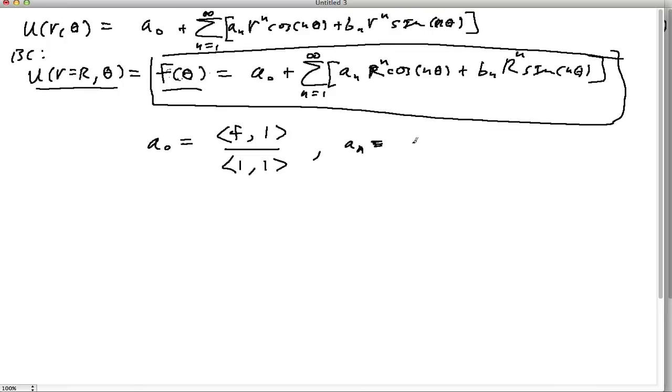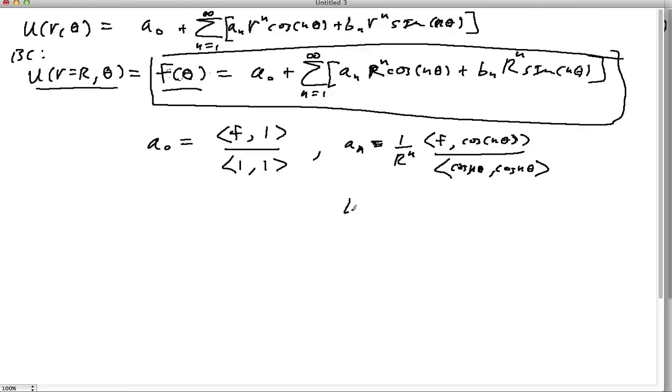and here we have to do a little trickiness. We have to remember to divide by R^n there, and then just as before, f with cosine n theta over the inner product of cosine n theta with itself.